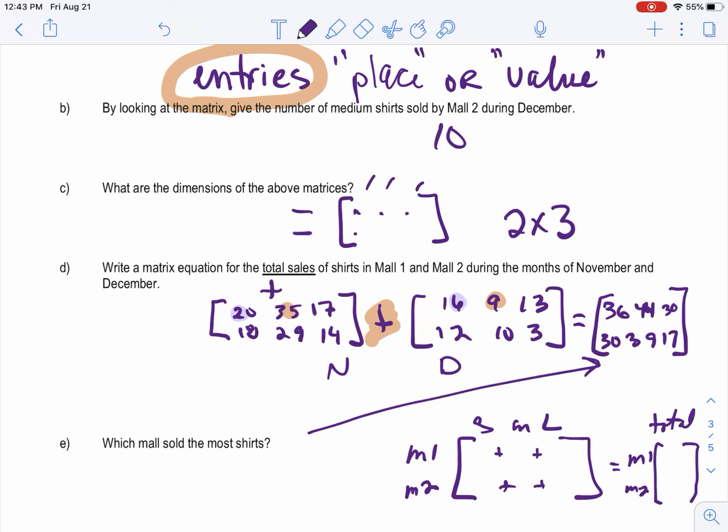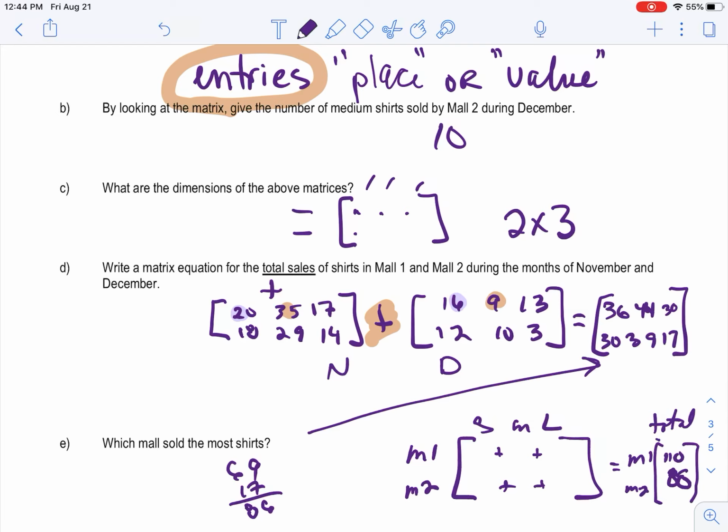So then I would have 36 and 44, which would be 80 and 30, so that's 110. And we have 30, 39, that's 69, and 17, so we would have 86.